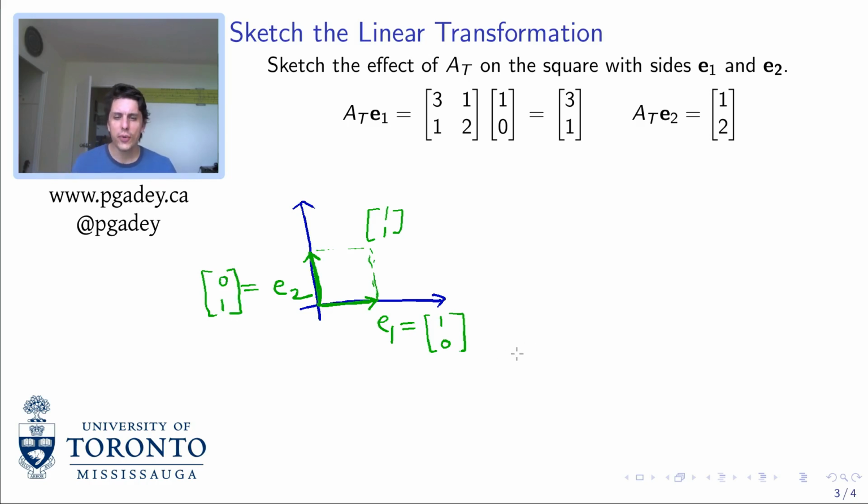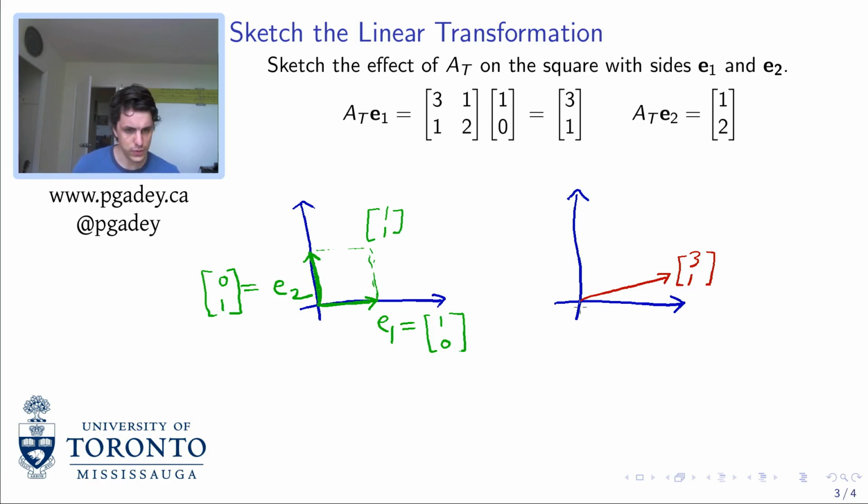Now let's see where the linear transformation takes that square. So we know that the vector e1 gets sent to the vector 3, 1, and the vector e2 gets sent to the vector 1, 2.